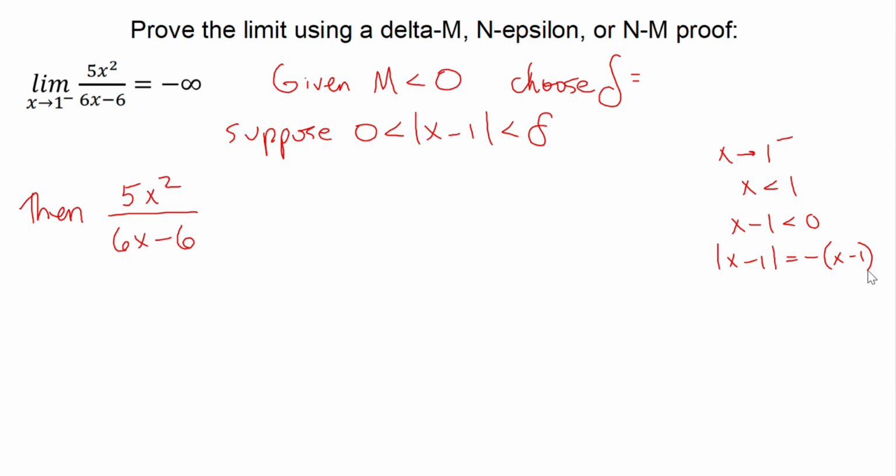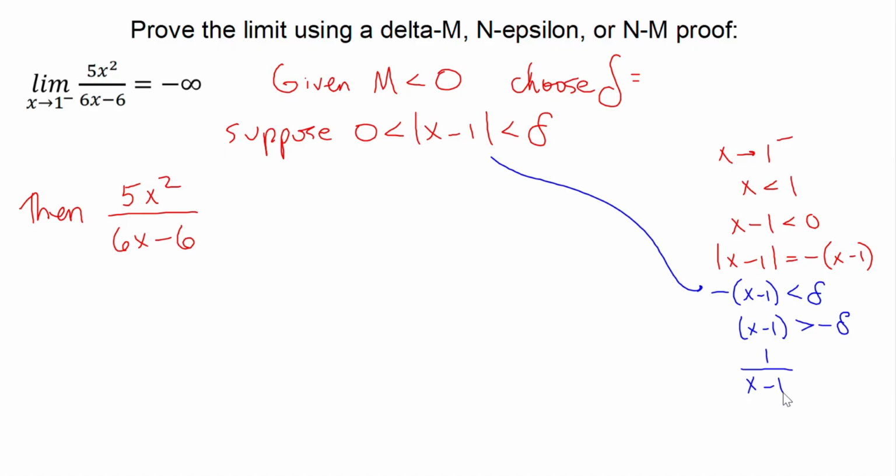So that tells us that from this statement here, the opposite of x minus 1 is less than delta, or x minus 1 is greater than negative delta, or 1 over x minus 1 is less than negative 1 over delta, which is perfect because that's really what we need here.